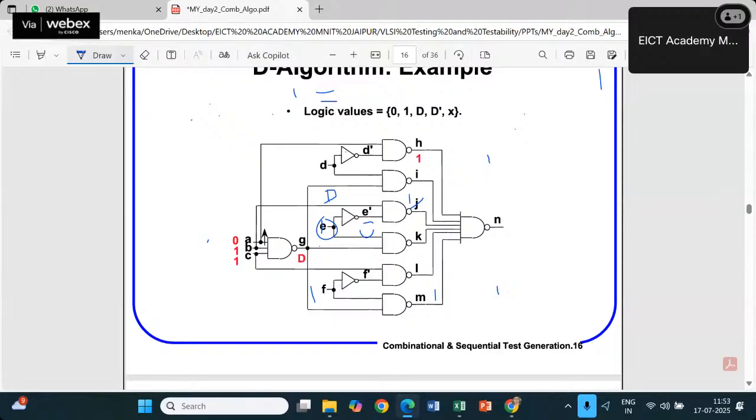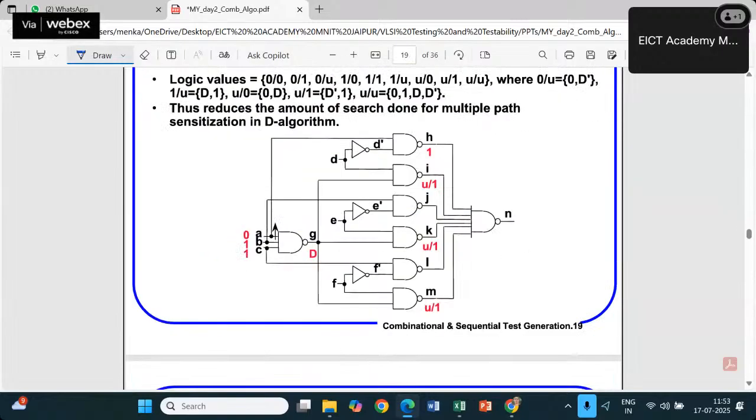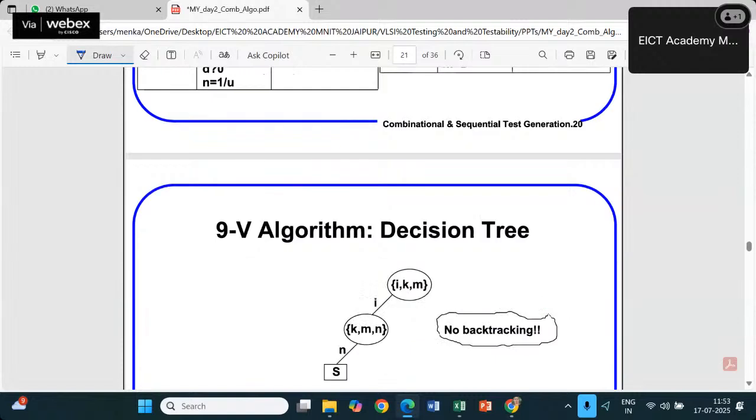Now a modified version of that is the PODEM algorithm. PODEM stands for path oriented decision making algorithm. The 9-value algorithm is also one of those, but I am not discussing that because it was already discussed by sir in the sequential circuits. The algorithm remains the same whether it is in a sequential or combinational circuit.